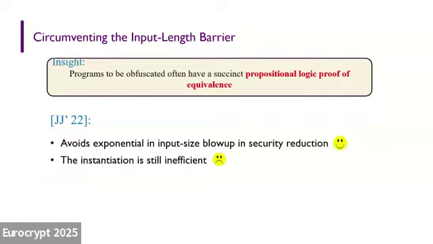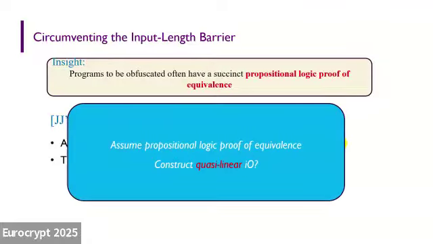However, their construction still suffers from polynomial overhead, now coming solely from the obfuscation and evaluation algorithms. Thus, we may ask, under the same assumption of Zhang and Jun's paper, can we expect a more efficient I/O, or can we construct a cosilinear I/O?